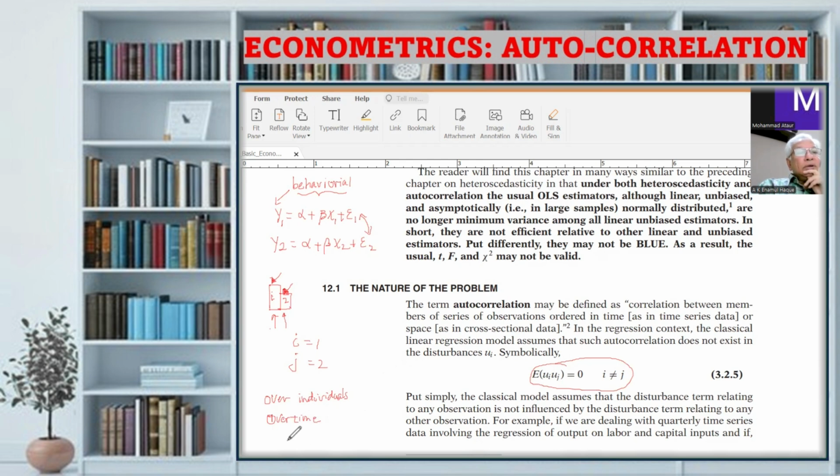Look at the budget of the government of Bangladesh. I'm just giving an example. We have a budget deficit in 2025. What do you think? In 2026, will the budget also be deficit or surplus?